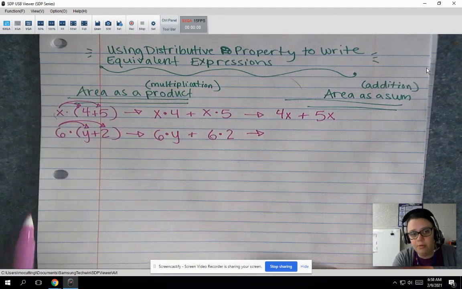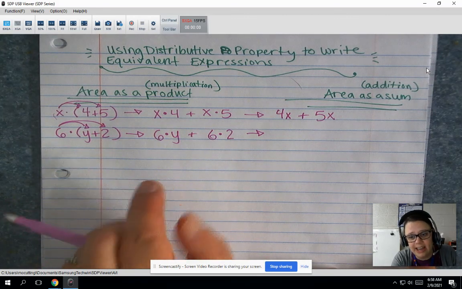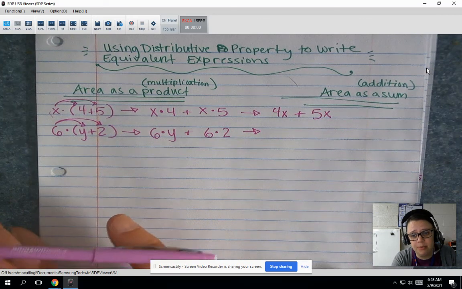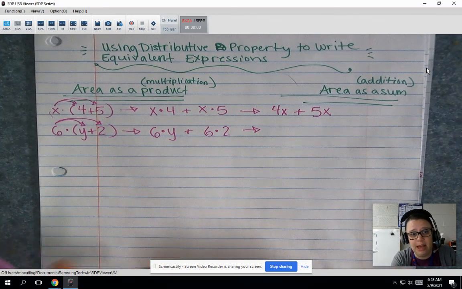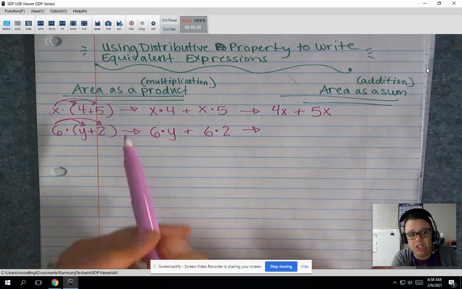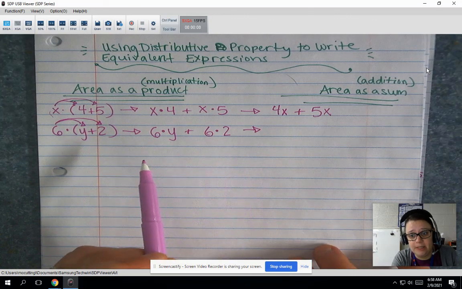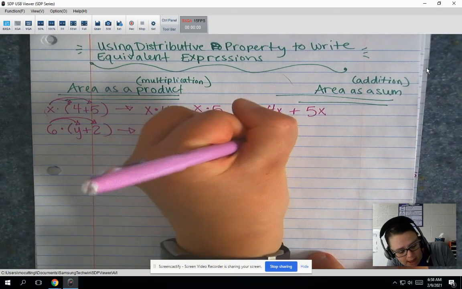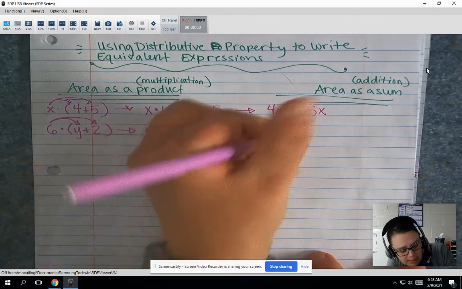And then I'm going to write it a little more algebraically, kind of simplify it. We're familiar with that word from fractions, but really I'm going to write it a little simpler, a little shorter if I can. So 6 times y is 6y plus 6 times 2 is 12.